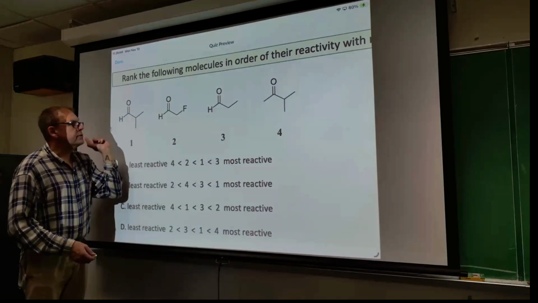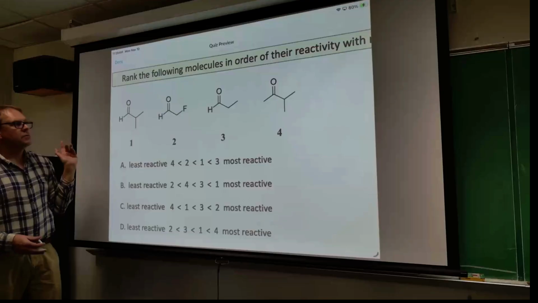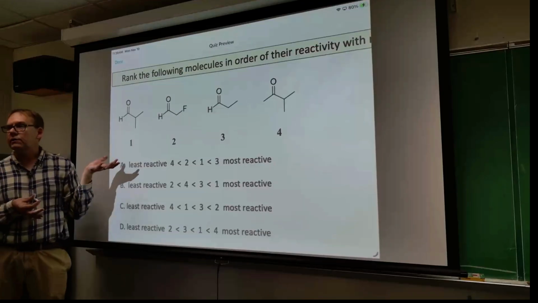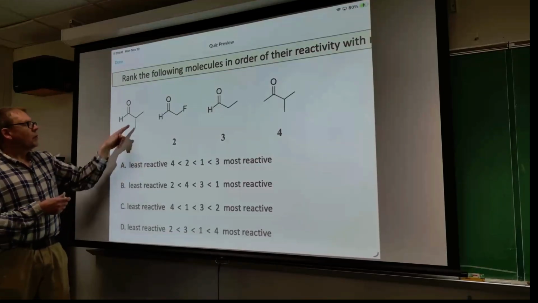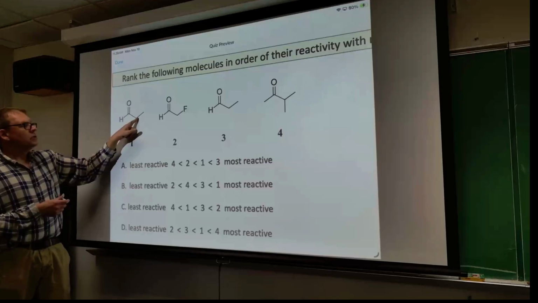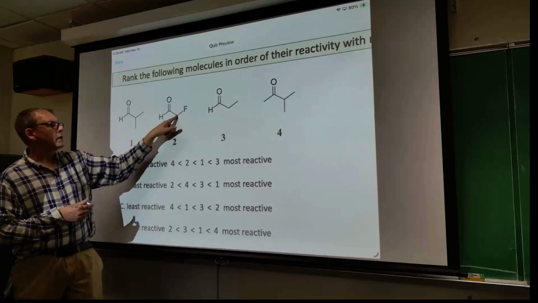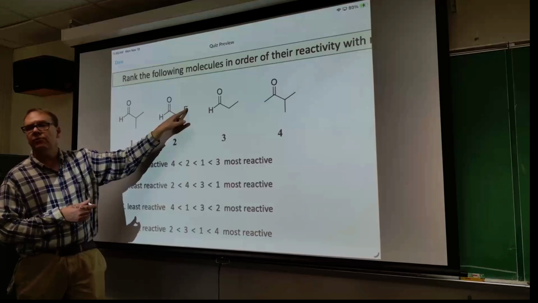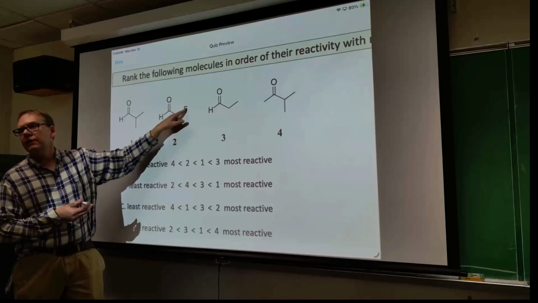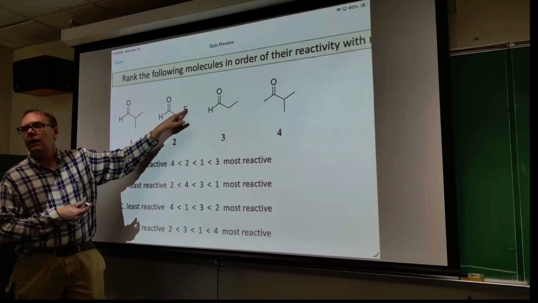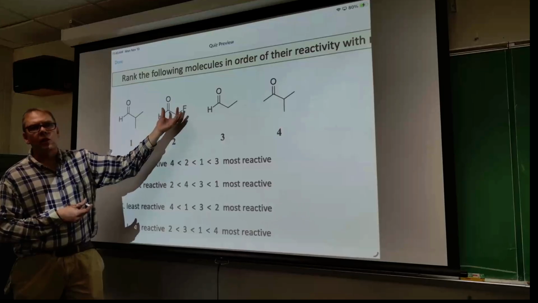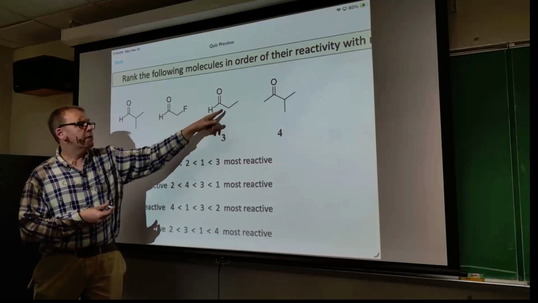But these three aldehydes are different. So let's think about them in terms of their steric difference. Well, this one has an isopropyl group next door. That's the biggest R group. This one has a carbon and a fluorine, and fluorine is about the size of a methyl group, I would say, or maybe a little smaller. But then there's ethyl.